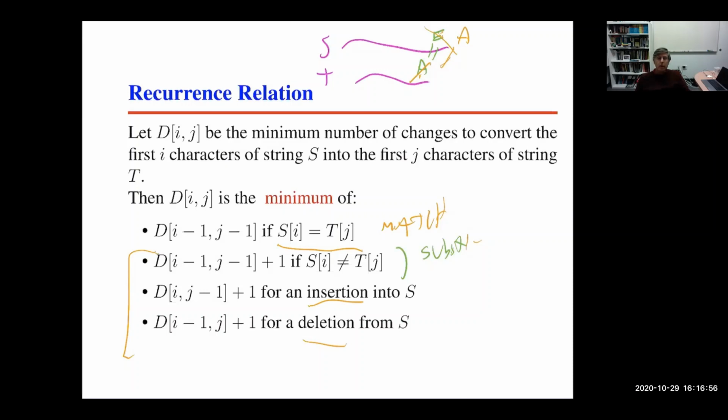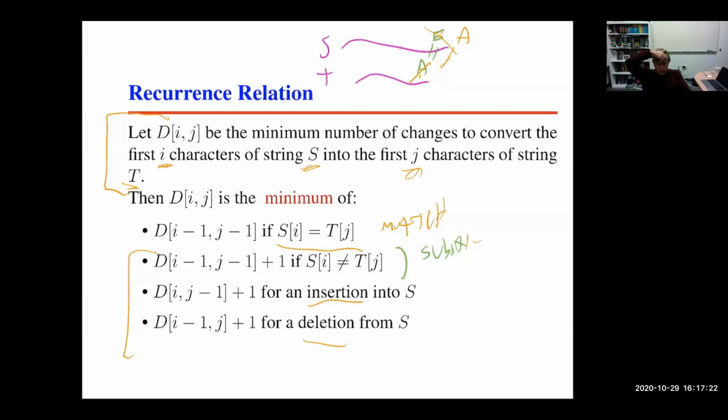What is my recursive algorithm? Let d sub ij be the minimum number of changes to convert the first i characters of string S into the first j characters of string T. Let's say I want to define this recursive function.